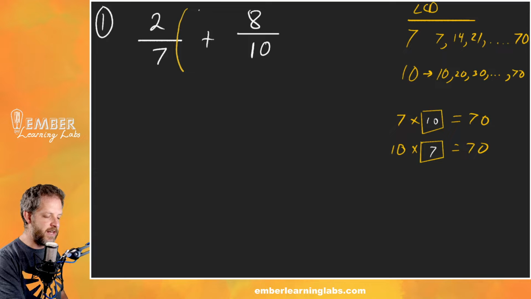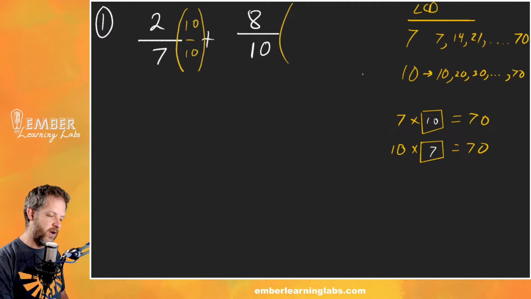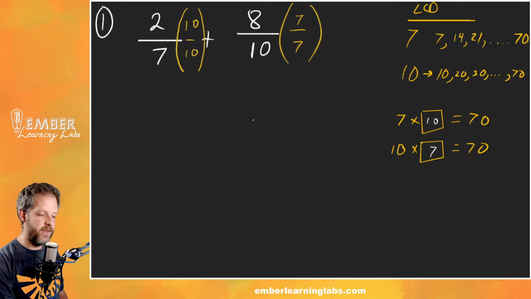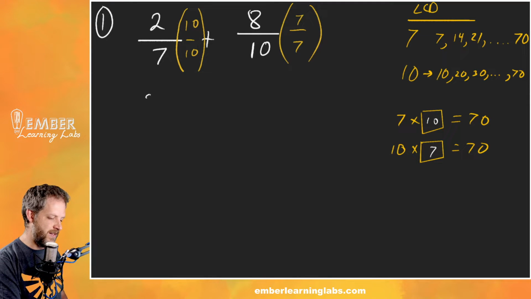We multiply the top and bottom over here for the 7 times 10 over 10. And then this one, we're going to do it the other way around and do 7 times over 7. So 2 times 10 is, of course, 20. 7 times 10 is 70.